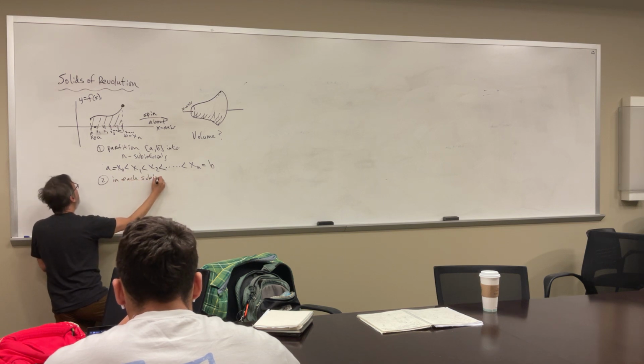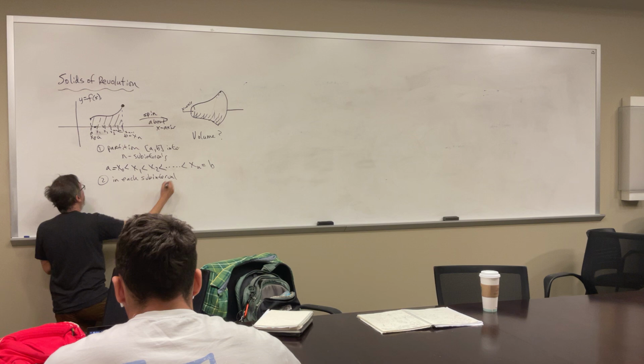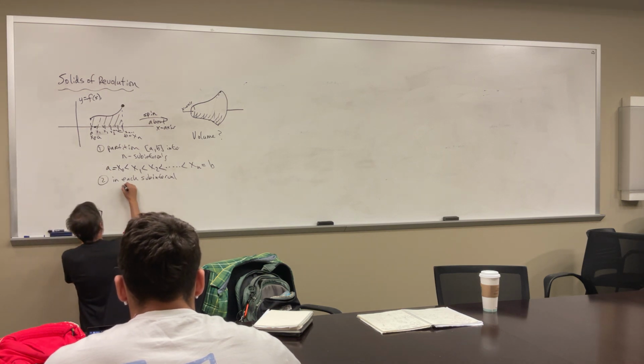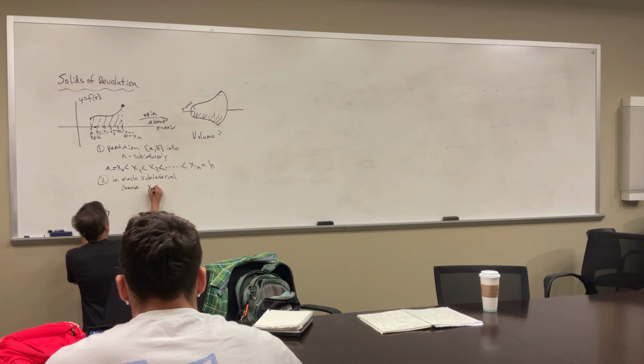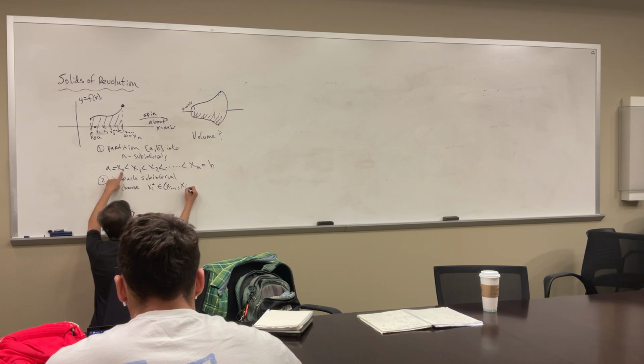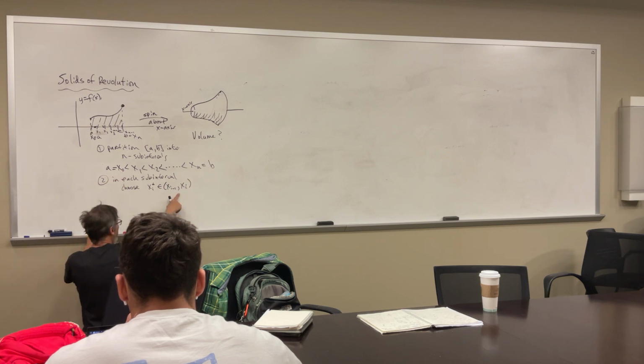This is one of the things I want you to get out of this class, understanding this process. In each subinterval, choose an x sub i star, and that's going to be between x sub i minus 1 and x sub i in that open interval there.